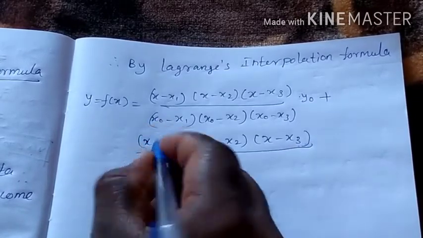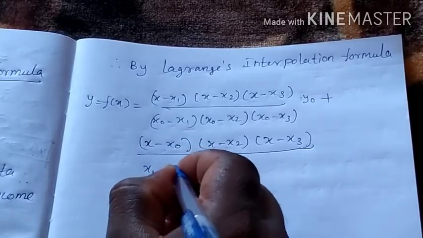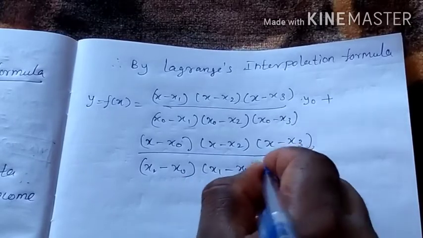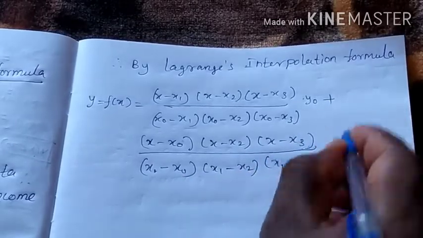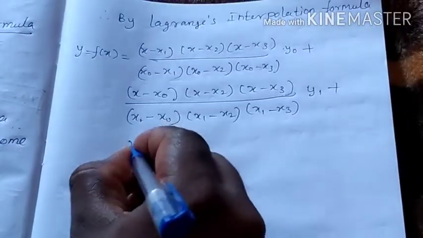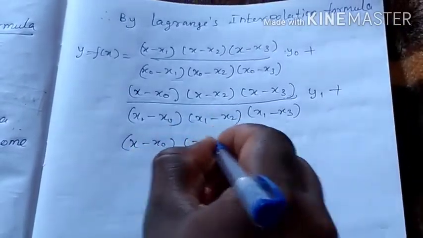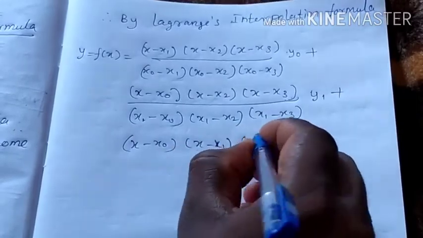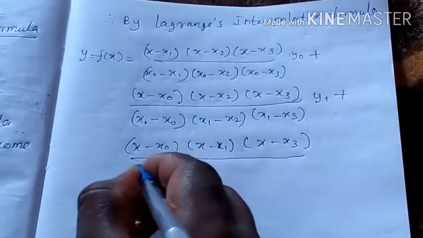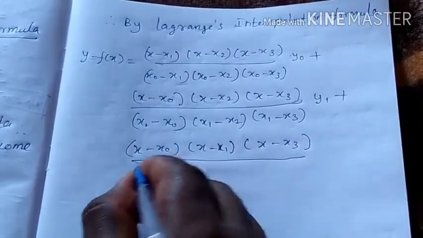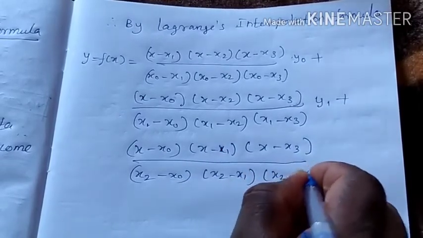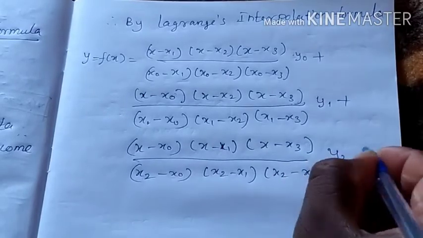Then the denominator is x1 minus x0, x1 minus x2, x1 minus x3, then y1. Plus, in the same manner, x minus x0, x minus x1, x minus x3 whole divided by x2 minus x0, x2 minus x1, x2 minus x3, into y2.